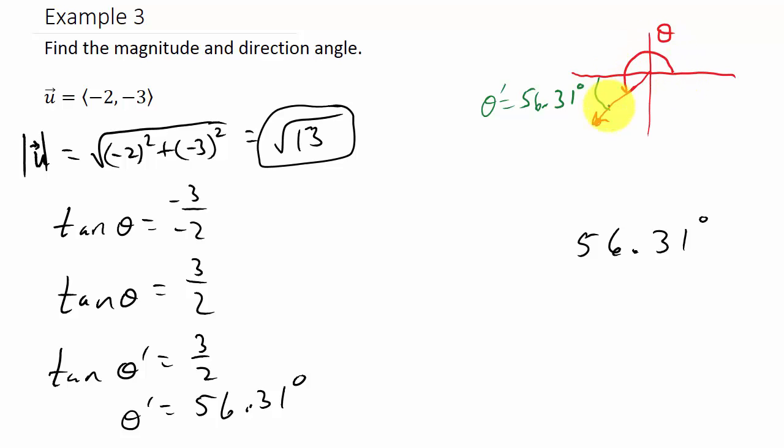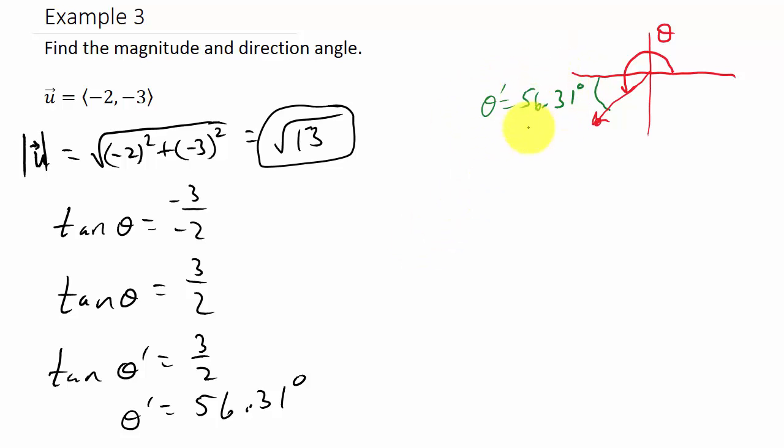Okay, that's why it's important to graph these things. So you can see, just think, if you didn't graph this and you just did the inverse tangent of this, you would write this down as your answer, and that would be incorrect. Okay, because that's not the angle. So we graph it and we notice, well, when I do the inverse tangent of 3/2, that gives me 56.31.